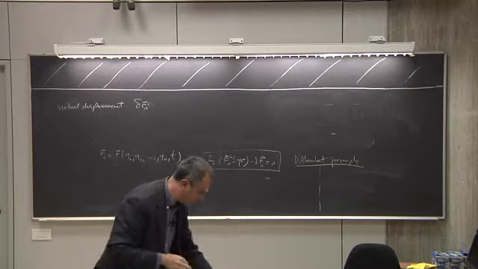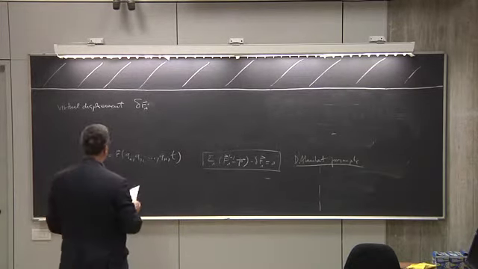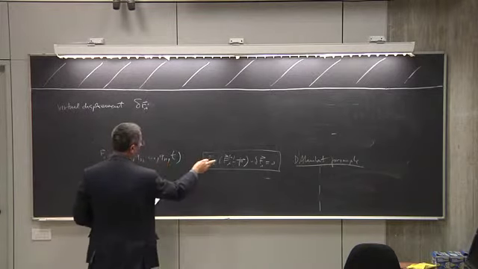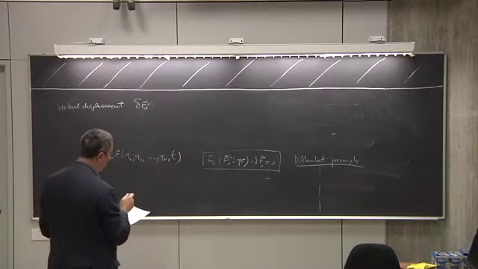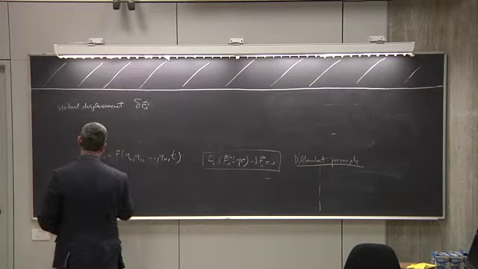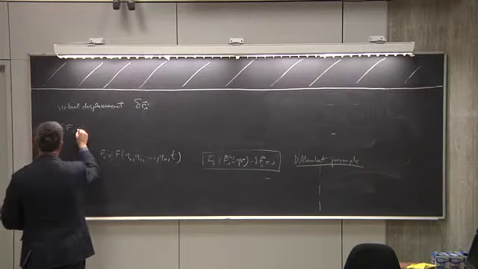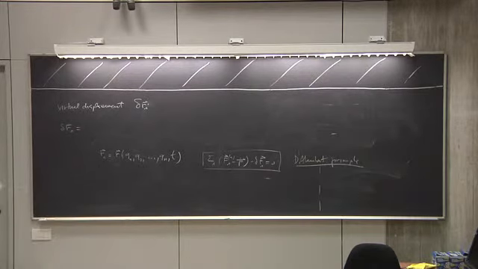So I'm using, in a way, the constraint to get rid of some of these variables, and I want to write this in terms of my generalized coordinates. What happens to this variation if I change my variables?